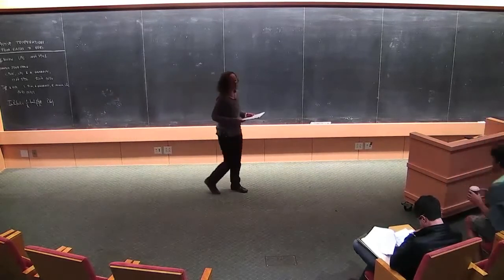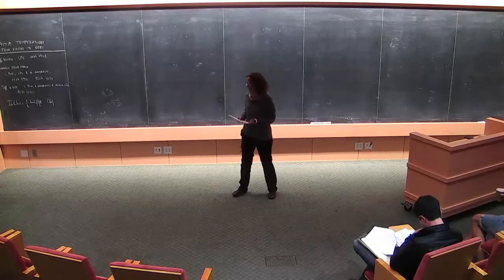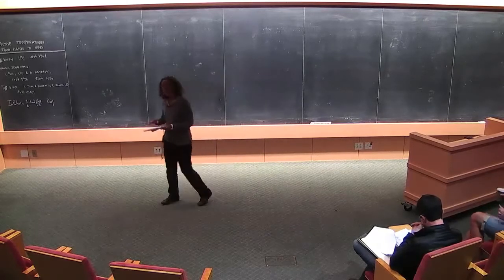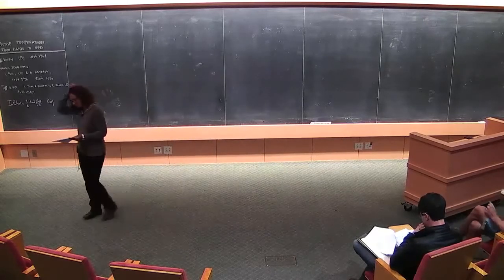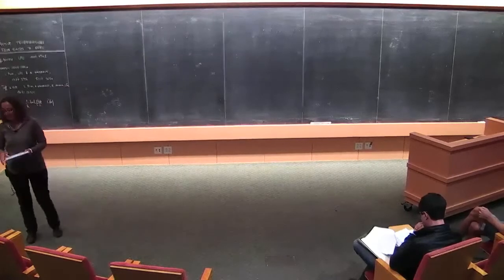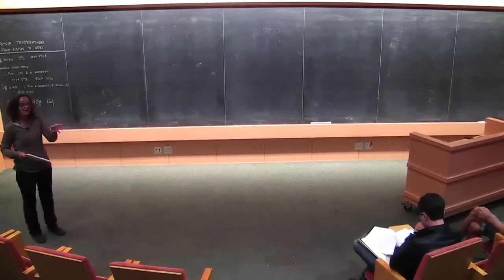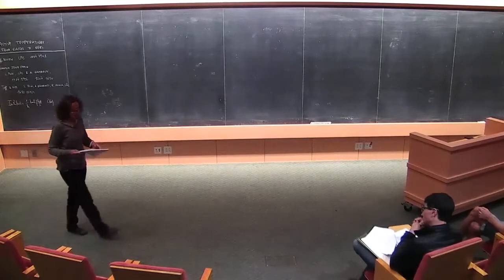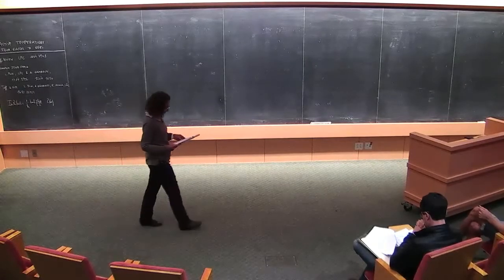What I plan to do today is to spend roughly half of the time talking about classical glasses, but very, very superficially. I won't give you much detail, but at least explain to you what the problem is and why it's difficult to solve.